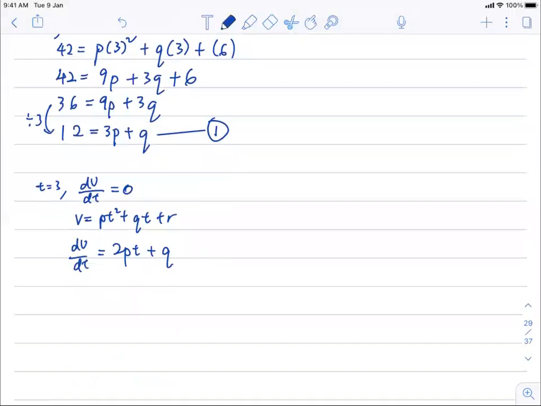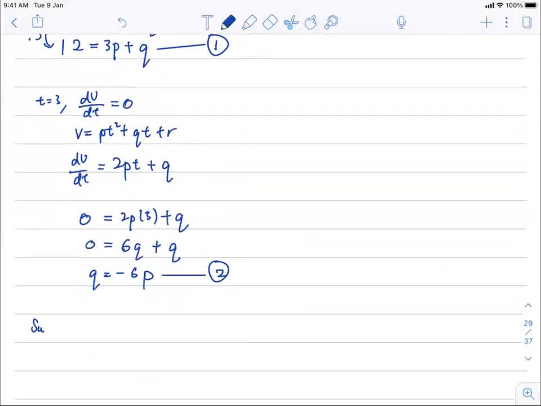So substitute in dv/dt equal to 0, t equal to 3. We get 0 equal to 6p plus q. Rearranging, q equal to negative 6p. This would be the second equation.